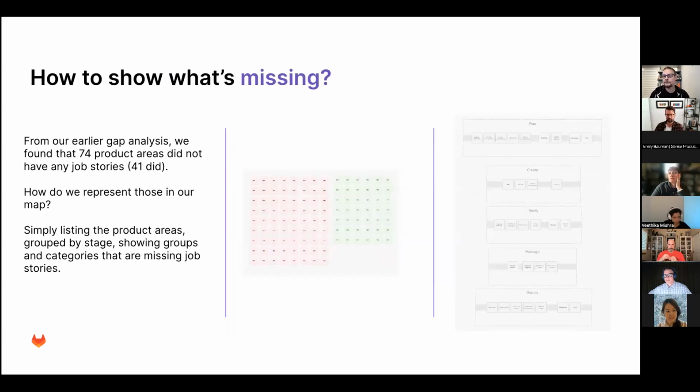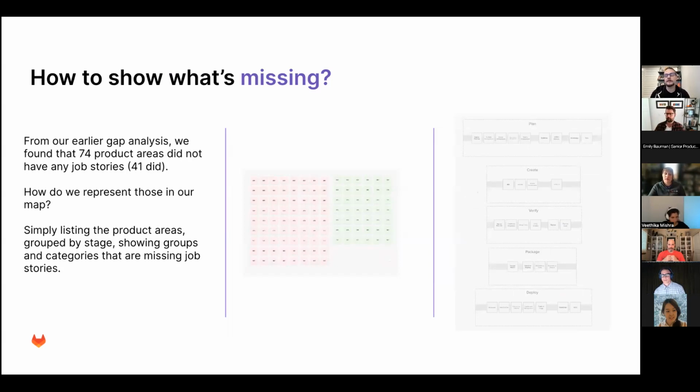But how to show what's missing, right? As I mentioned earlier, a lot of our product isn't represented by job stories, so I had no tasks to pull in. This graphic in the middle shows you what's there and what's not there. So there's a lot more red than green.